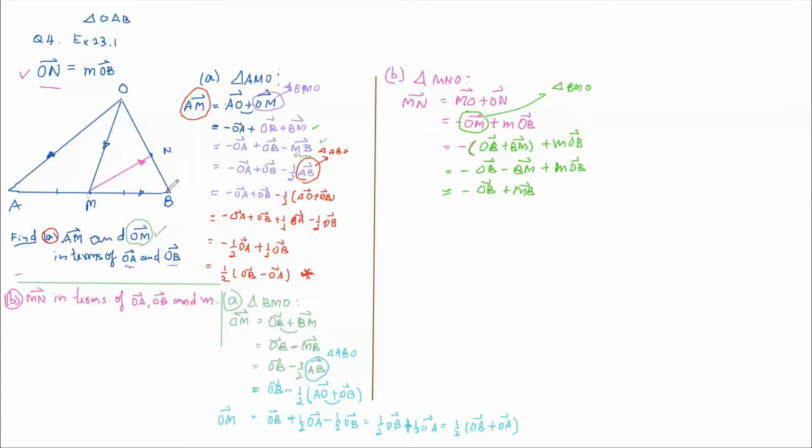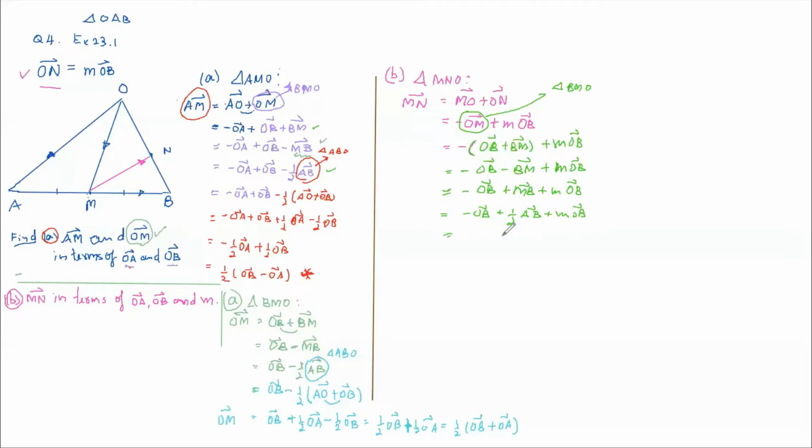You swap the direction: negative, negative becomes plus, so MB plus m OB. For MB, use the triangle AOB again. OM plus MB, where MB is a half of AB, correct? Half of AB plus m OB.